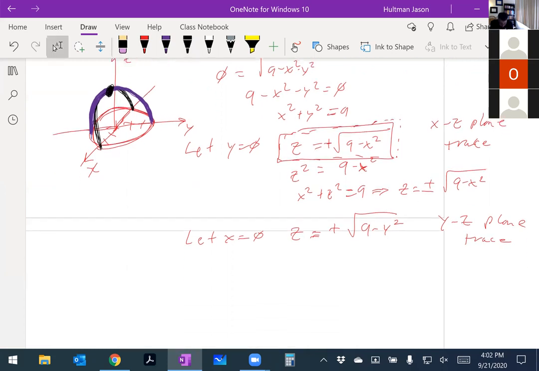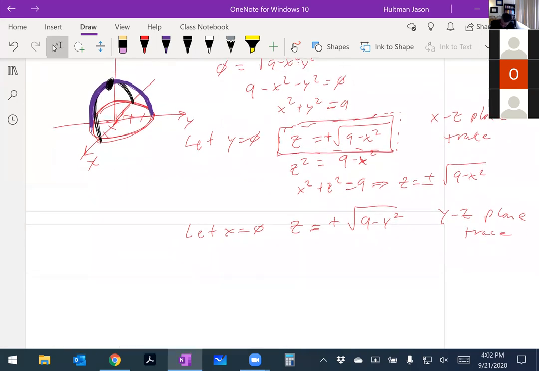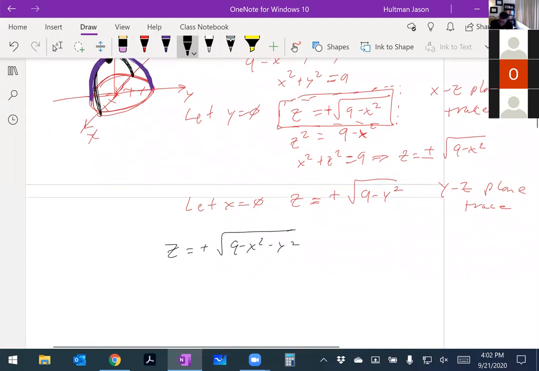Which should make sense, because if you think of z equaling the square root of 9 minus x squared minus y squared, and I were to square both sides, again thinking of that as the positive, I would get x squared plus y squared plus z squared equals 9, which is a sphere of radius 3.